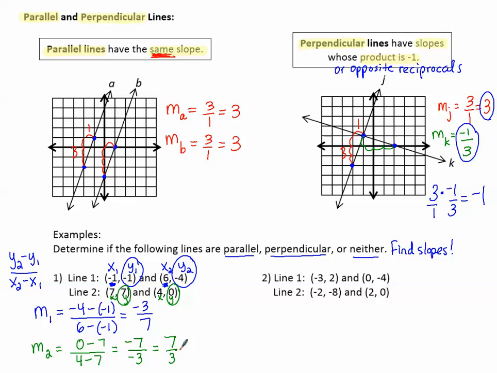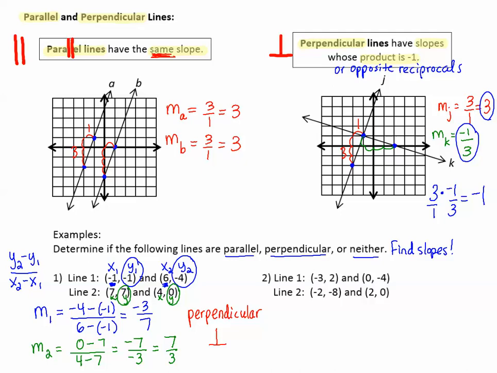Because these are opposite reciprocals, these lines are perpendicular. We can write the word perpendicular, or we can use the symbol for perpendicular. Recall the symbols for parallel and perpendicular. Parallel is like the L's in the word parallel. That's the symbol for parallel lines, and the symbol for perpendicular is the upside down T.